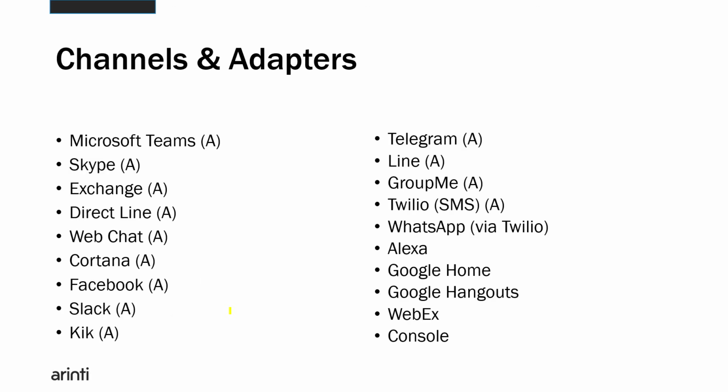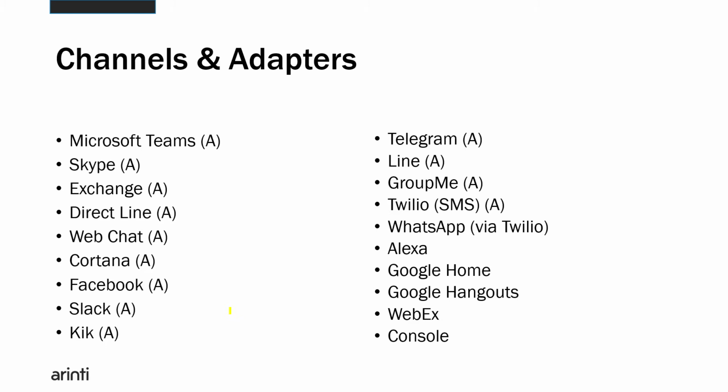The fun thing about the Bot Framework SDK is that you can build one chatbot, but show it on a lot of different channels or use adapters to make it available. Everything you see here with an A is available by default through the Microsoft Channel Registration, a resource that can be added to your Azure tenant that will connect to your chatbot, the Bot Framework SDK, which is actually a web API.